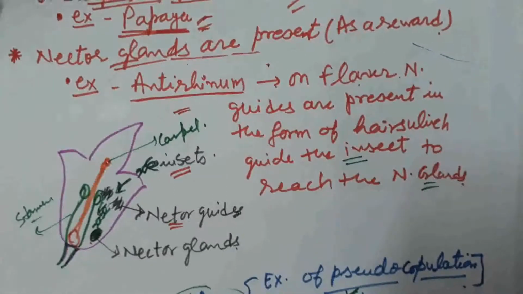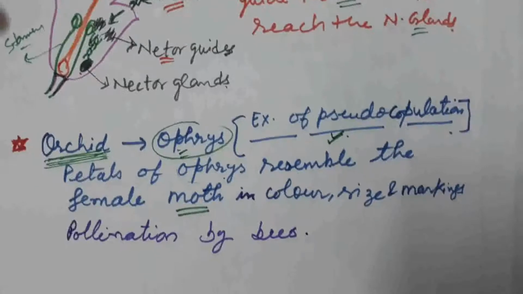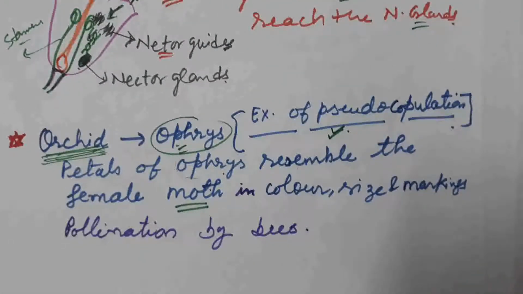Now we discuss another example of entomophily in the orchid Ophrys. It is the Mediterranean orchid, Ophrys. What we see in case of Ophrys is that one petal resembles a female moth.